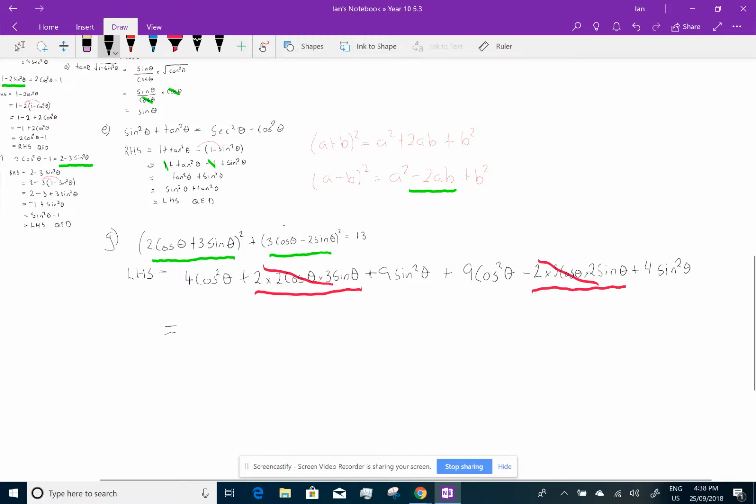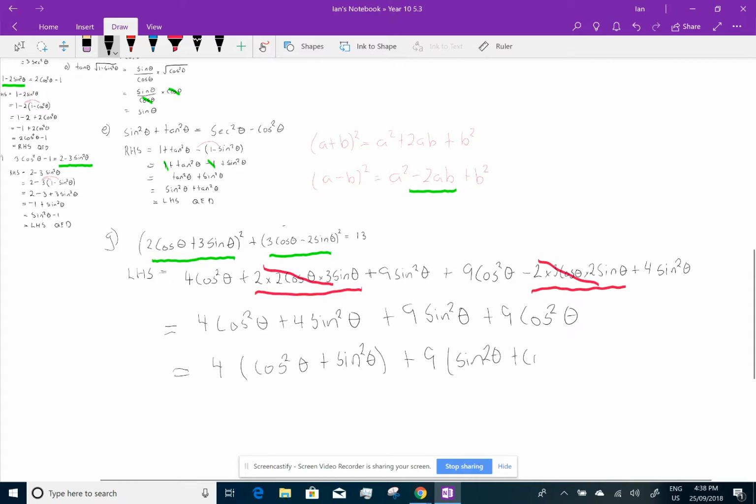I'm going to put the 4 cos with the 4 sine: 4 cos squared theta plus 4 sine squared theta, and then 9 sine squared theta plus 9 cos squared theta. Now it looks really neat. I'll take the 4 out, and I've got cos squared theta plus sine squared theta, and then I take the 9 out, and I've got sine squared theta plus cos squared theta.